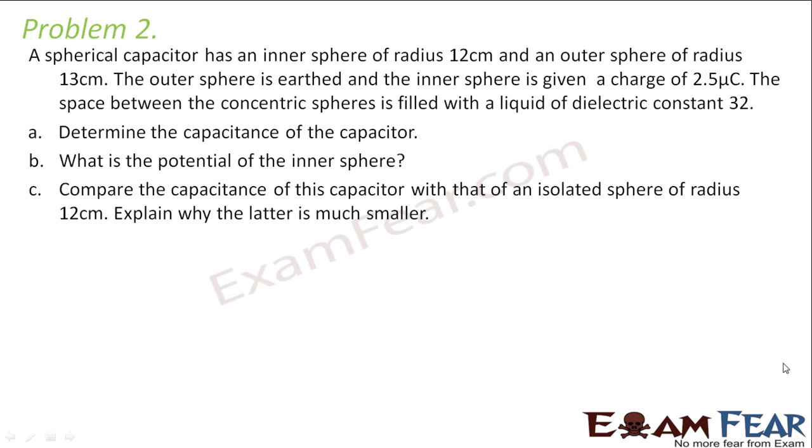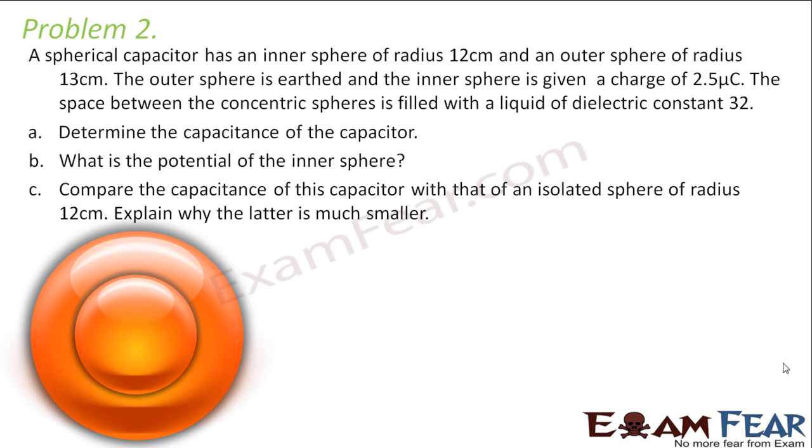First, let us look at the spherical capacitor. Let us suppose this is my spherical capacitor. Instead of going through this problem directly, first let us look at how we will approach a spherical capacitor.